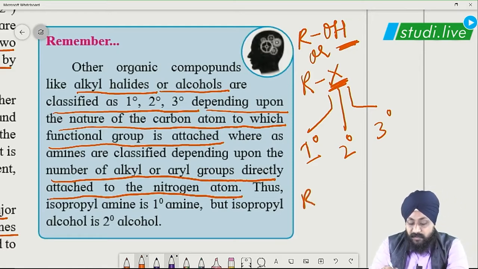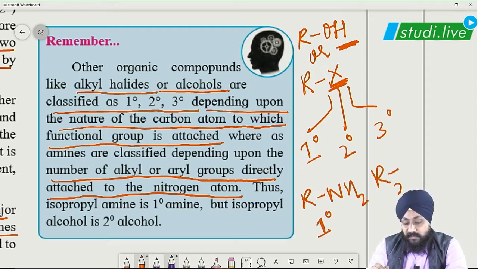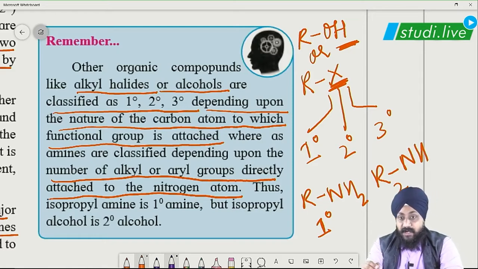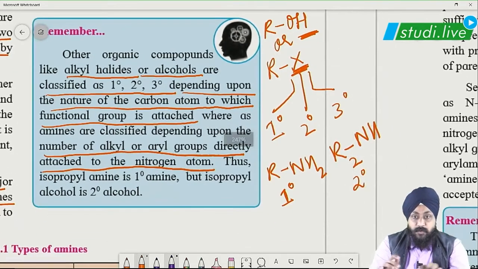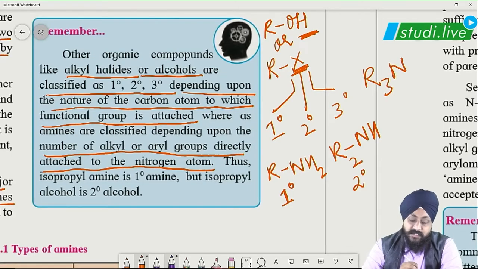If there is only one alkyl group, it is going to be primary. If there are two alkyl groups, you are going to call it secondary. And if there are three alkyl groups, you are going to call it tertiary.